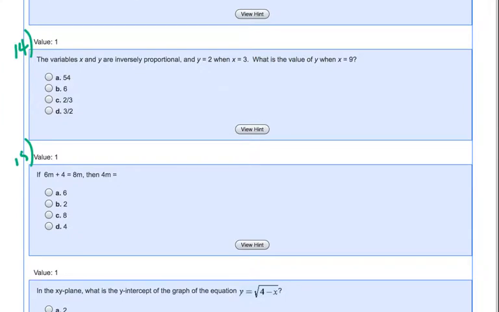Now go to number 14. The variables x and y are inversely proportional, and y equals 2 when x equals 3. What's the value of y when x equals 9? So first of all, inverse proportional means you have x1 y1 equal to x2 y2.